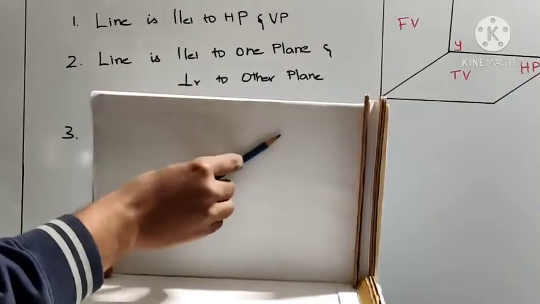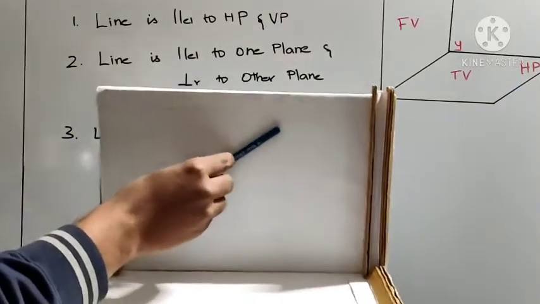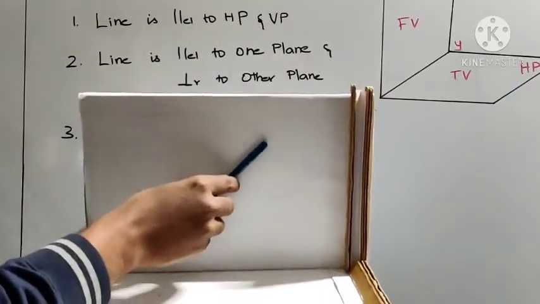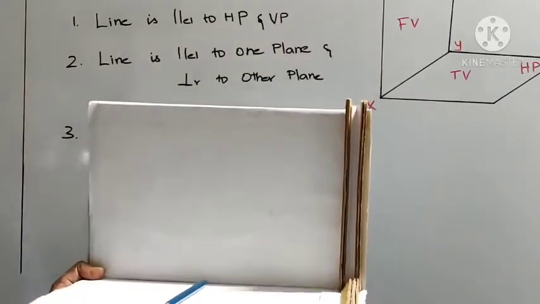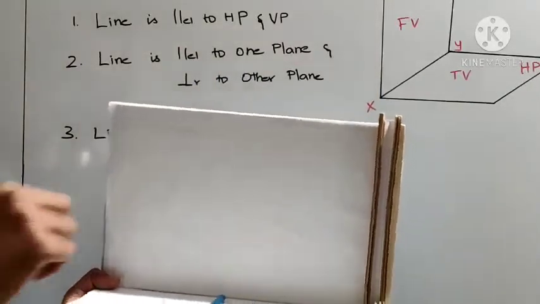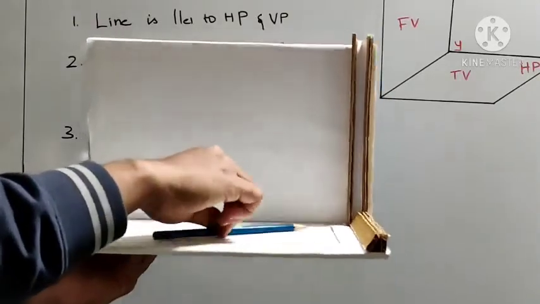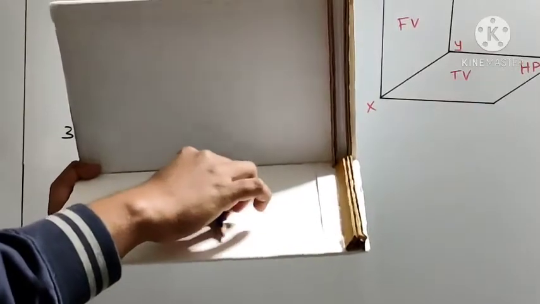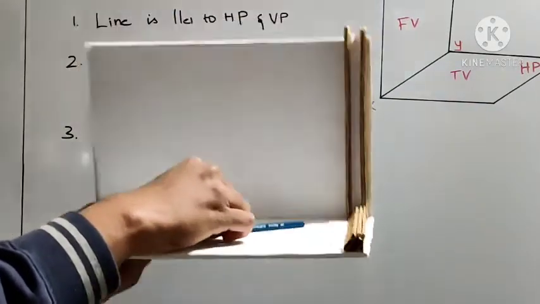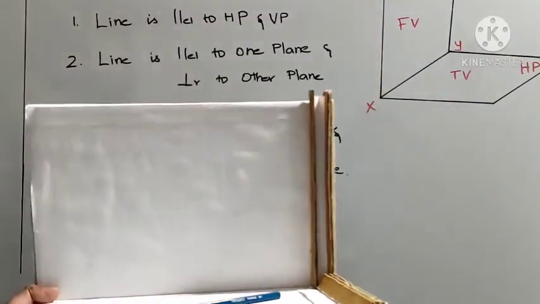In any orientation, if it is something like this, then it can be considered as a line parallel to the vertical plane. In order to consider the line parallel to the horizontal plane, the line should be in any one of these orientations, something like this. If it is like that, it will be considered as a line parallel to the horizontal plane.